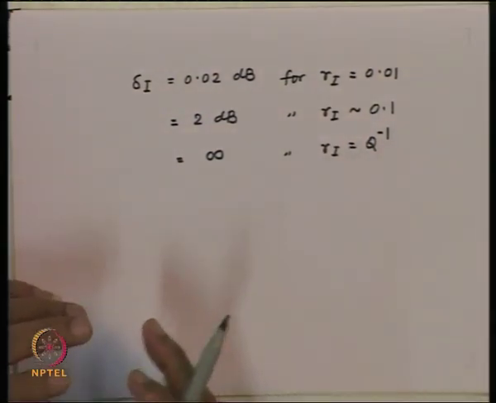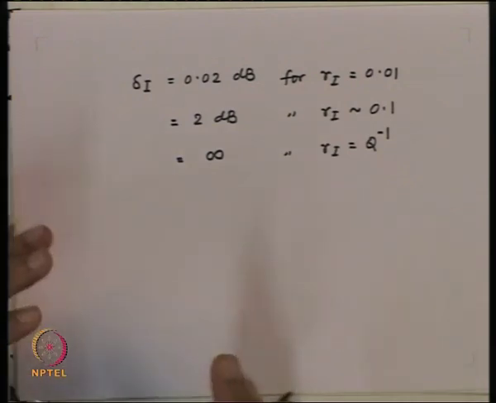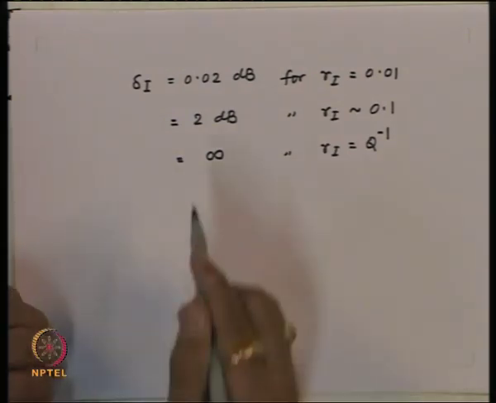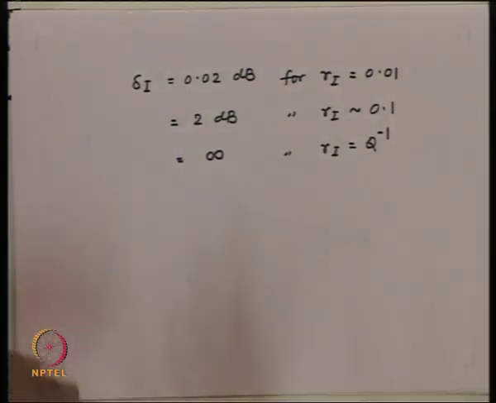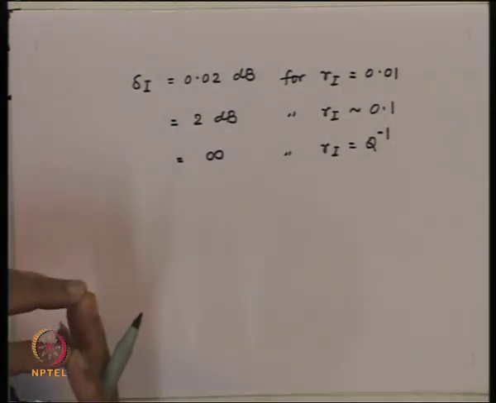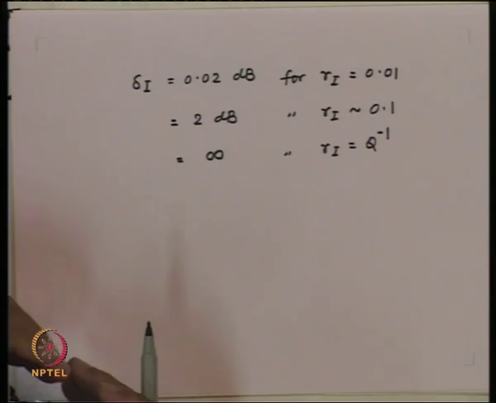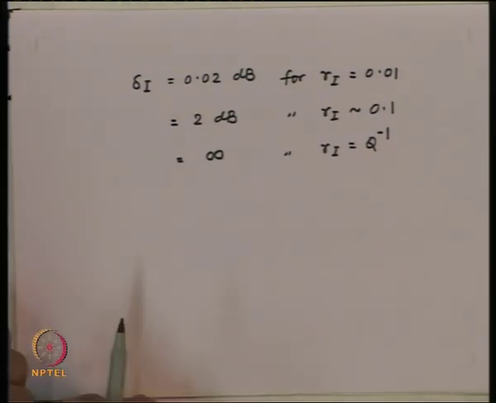That means your receiver can never perform satisfactorily, because now the power penalty is infinity. That means to get the bit error rate of 10 to the power minus 9, we have to essentially increase the power by infinite dBs. Or in other words, if the Ri becomes comparable to 1 upon q, then we will never be able to achieve the bit error rate what we are desiring, which is 10 to the power minus 9.